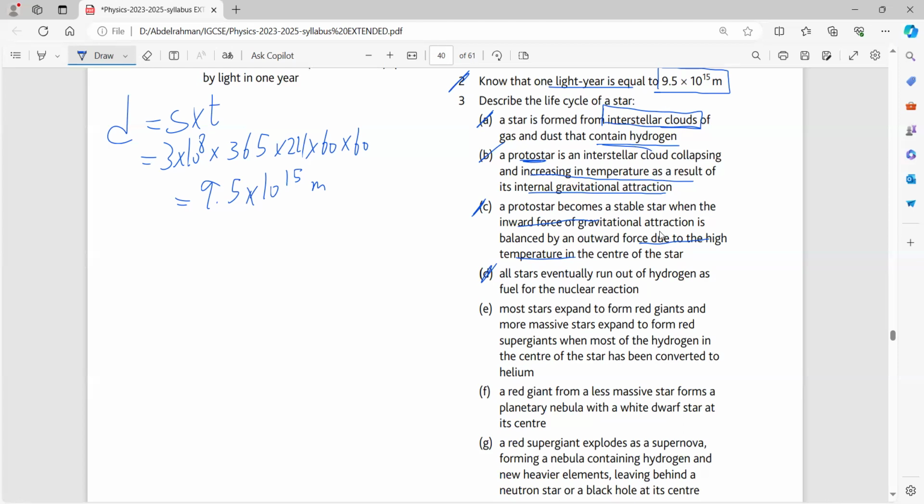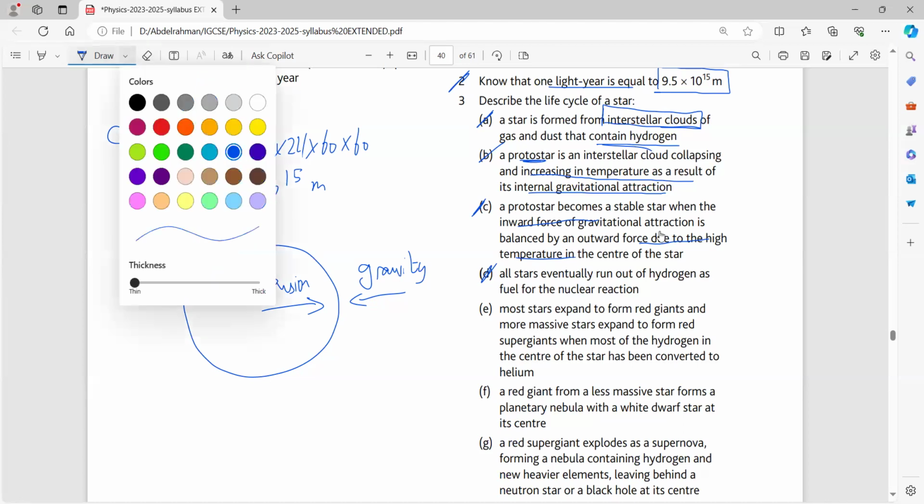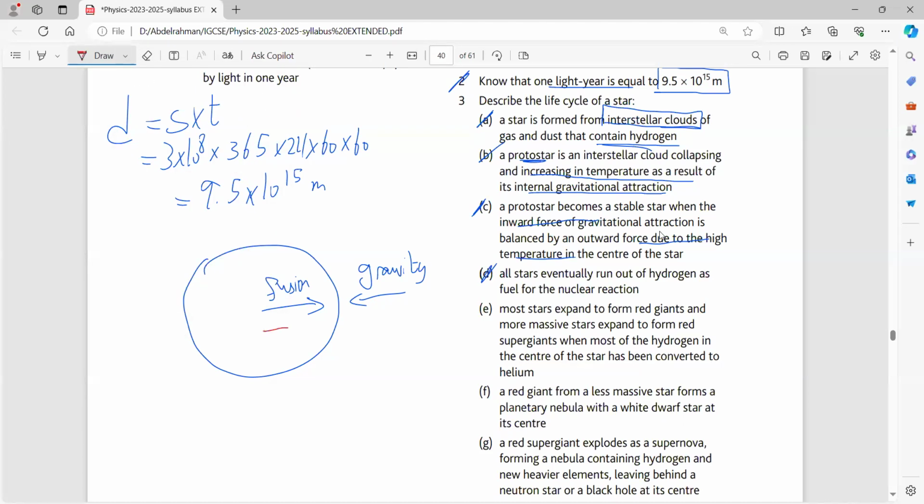Right? Now we have the sun. There's an outward force due to fusion, and there's an inward force due to gravity. Now, this outward force will start to decrease. Why? Because the hydrogen atoms are now running out.